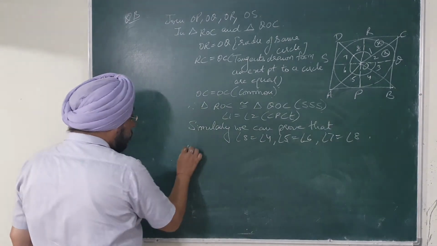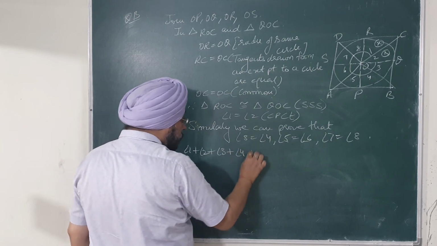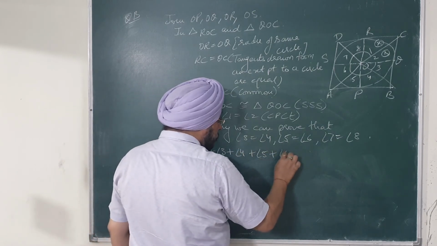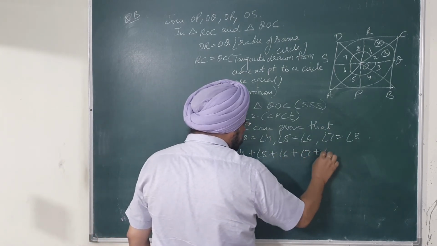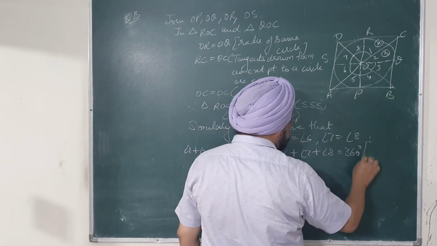Now can I say angle 1 + 2 + 3 + 4 + 5 + 6 + 7 + 8 is equal to 360 degree?